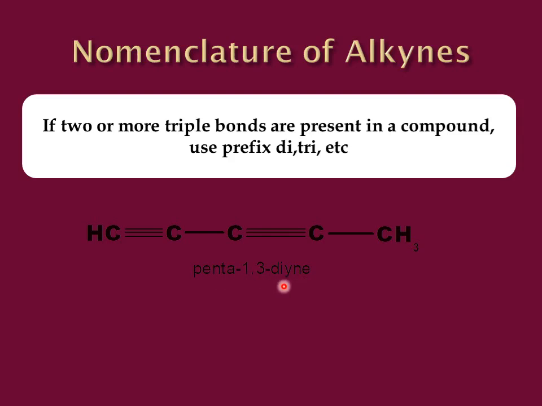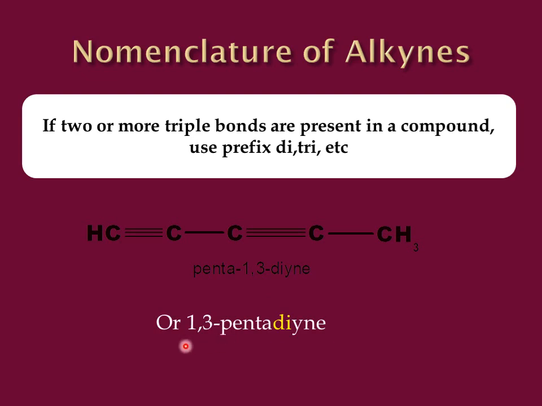Because the long chain comprises 5 carbon atoms. The triple bonds are present between carbon number 1 and carbon number 3. And we are using di because we have 2 triple bonds and the ANE of the alkane is changed to YNE.